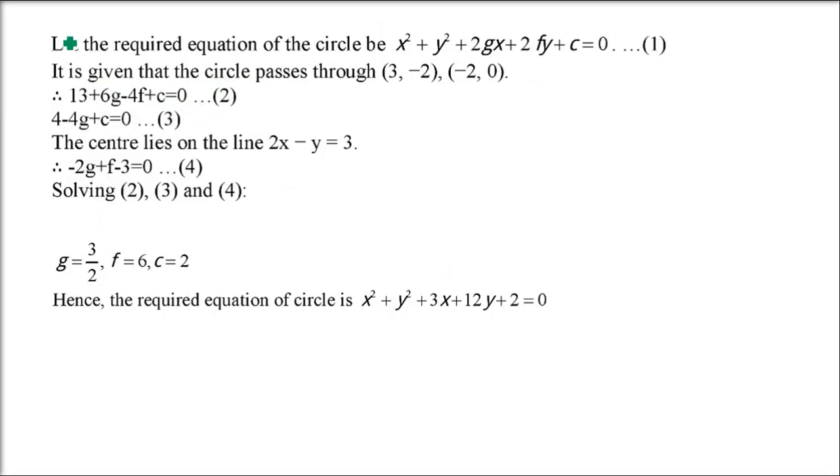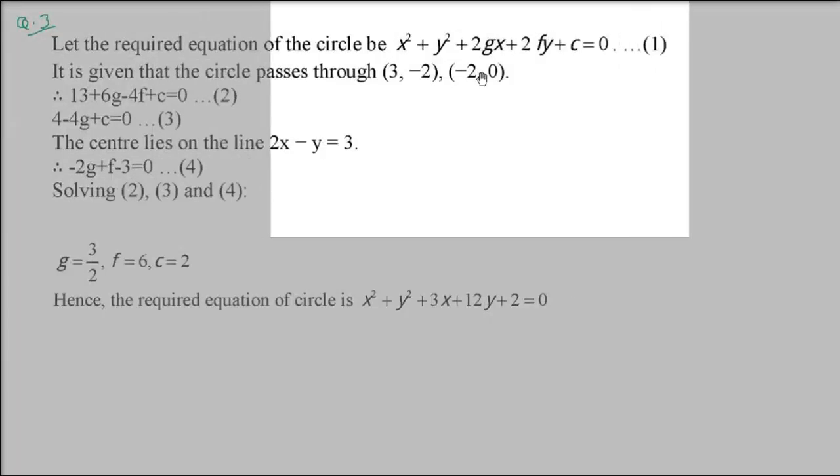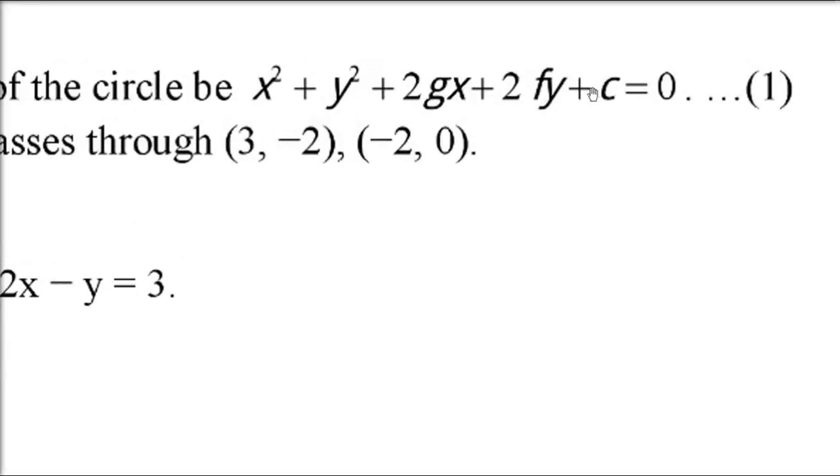Now question number 3 is: find the equation of the circle which passes through 3, minus 2 and minus 2, 0 and has its center on the line 2x minus y equals 3. So we have an equation right here, and how are we going to go about the solution?